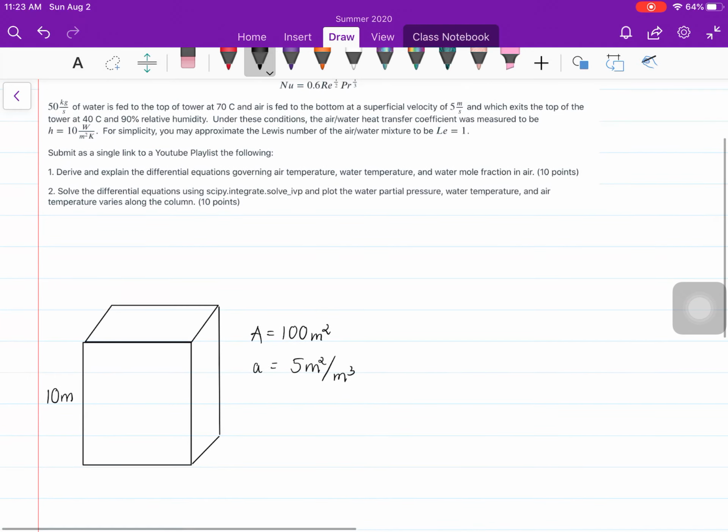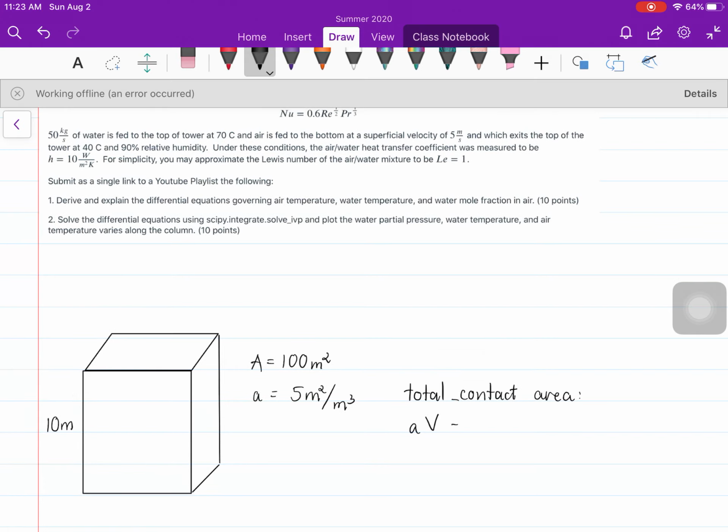So the total contact area would be equal to lowercase a times the total volume of the cooling tower.